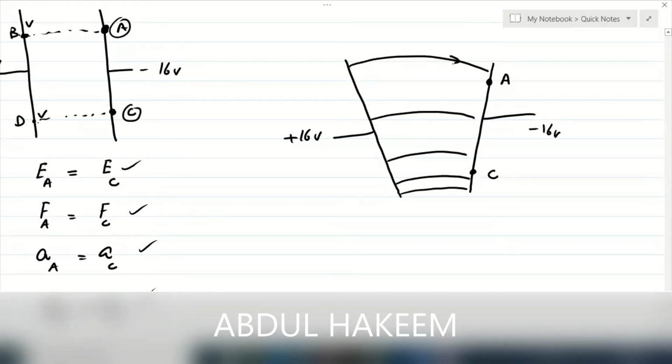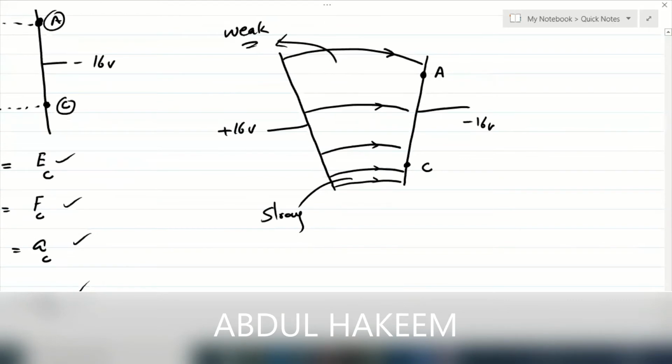It is non-uniform, no straight lines, and at this point the field is strong, and at this point the field is weak, both in strength and in spacing. So when an electron is ejected from A, it travels along this curved path and hits the plate at point B. At C, an electron is ejected and it travels to the plate at point D.